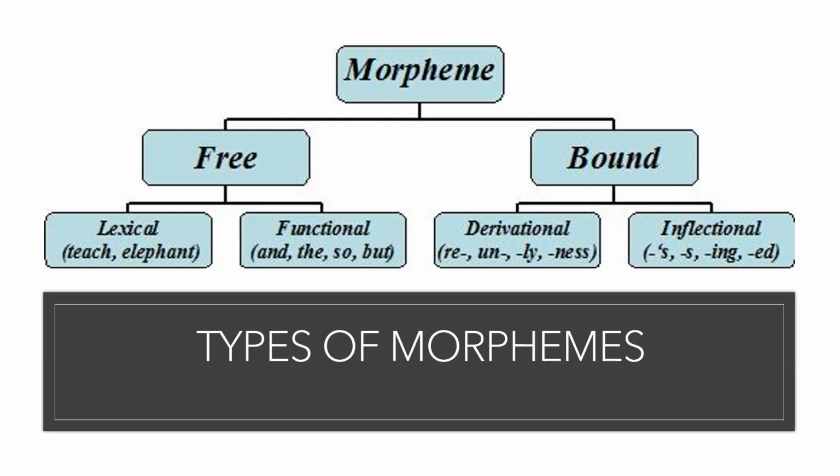All right, so now let's talk about bound morphemes. A bound morpheme can be what's called derivational, like respect, or release, or reply, or review.